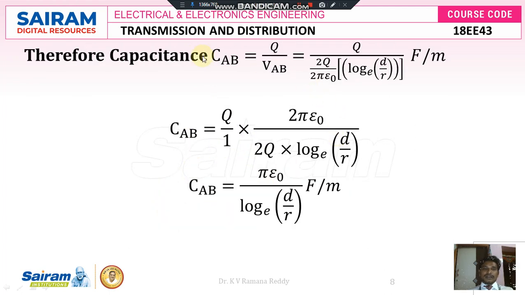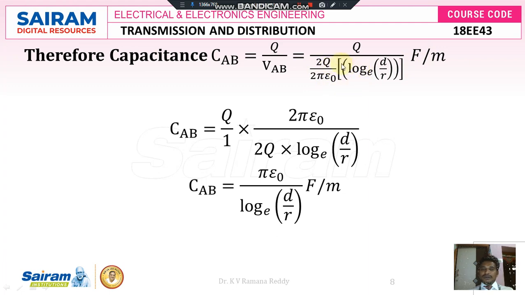Now I am going to calculate the capacitance between conductors A and B. Therefore the capacitance C is equal to Q by V, that is charge per unit length to its potential difference. Therefore CAB is equal to Q by VAB. Here I substitute the VAB formula we got, that is 2Q divided by 2 pi epsilon naught log of base e into d by R, farads per meter.